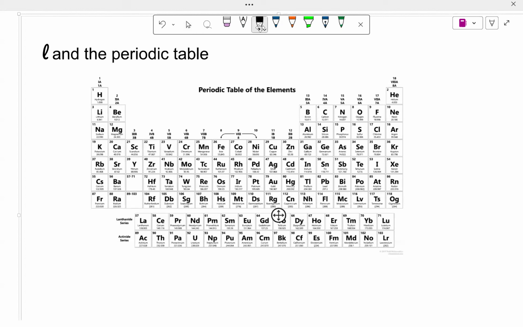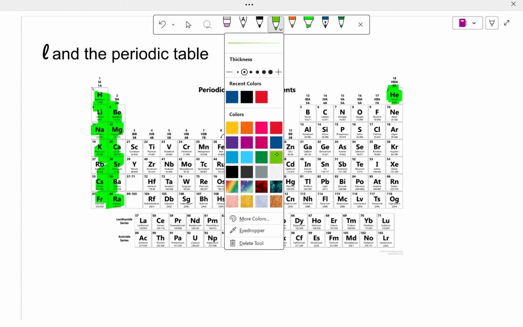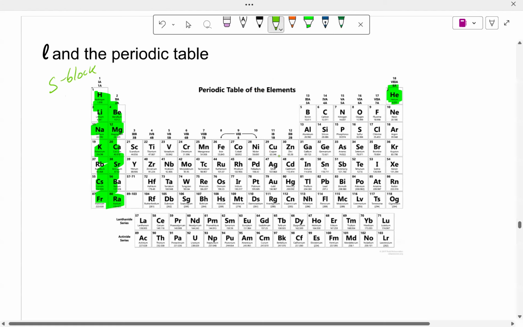Okay, well, these first two rows here, and we're going to include helium in this, are what we call S block elements. I'll tell you why we call them that in a little bit. Like I said, most of this will become clear once we put it all together.